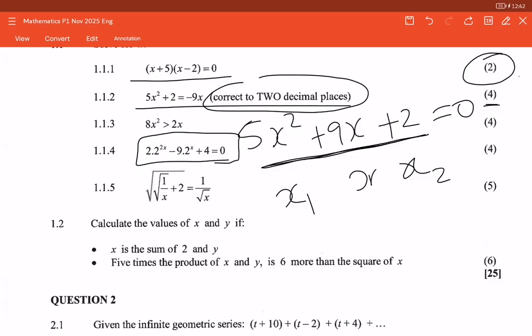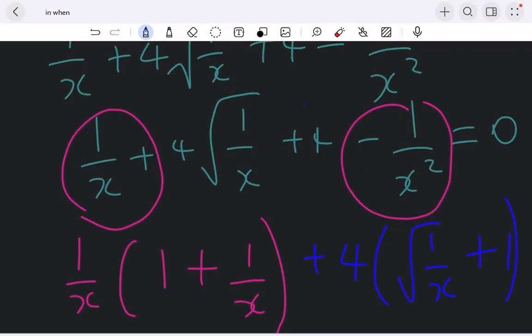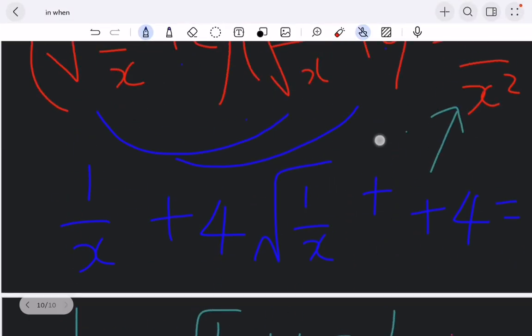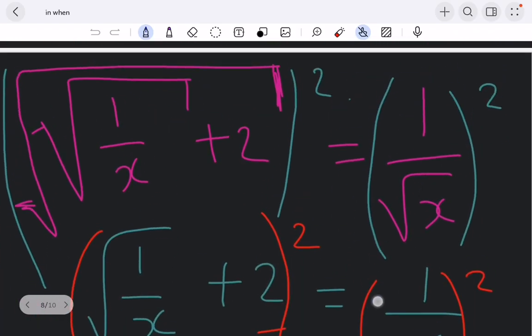Since I'm not getting the same value here, let me scroll up quickly and solve it a different way.